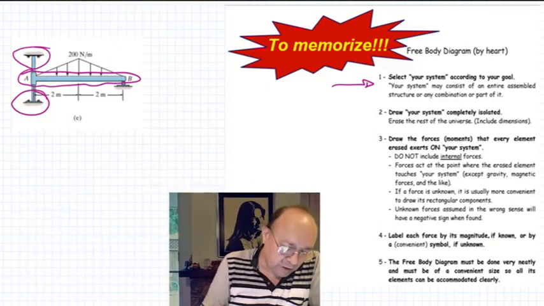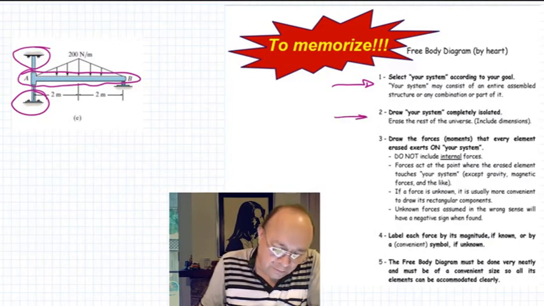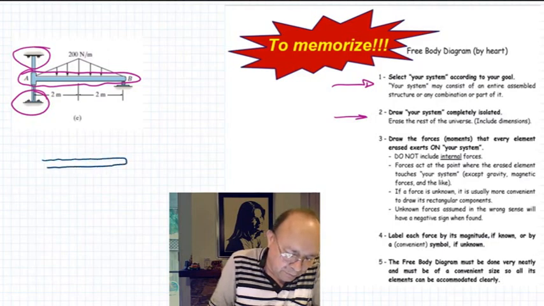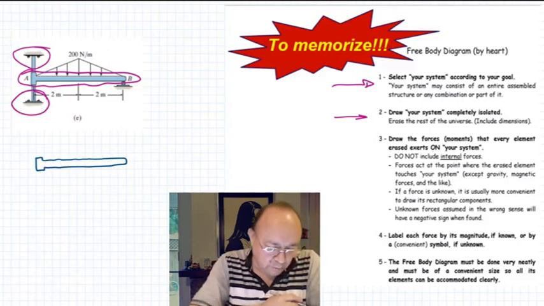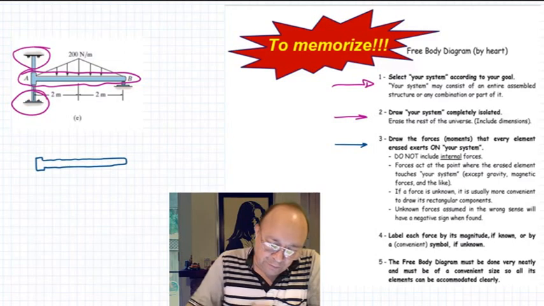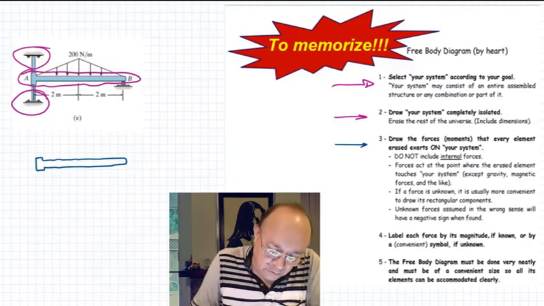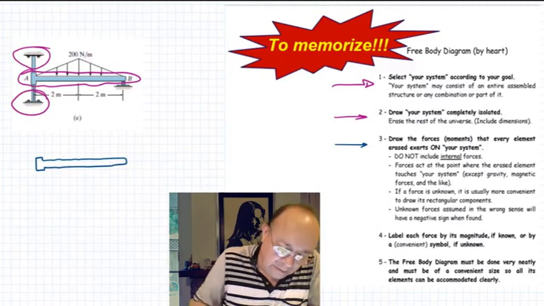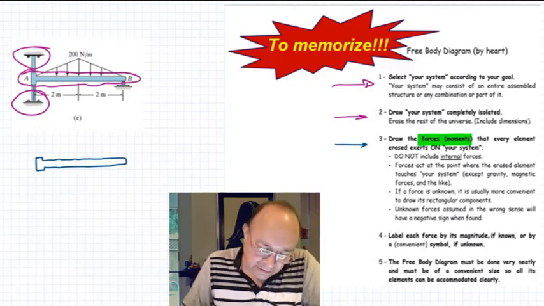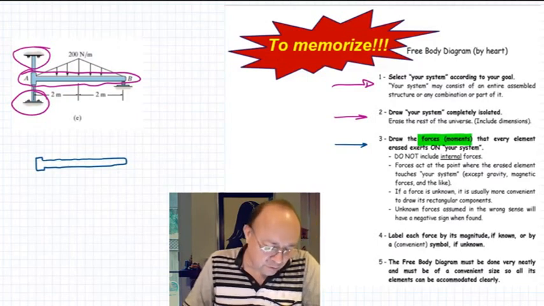Once you select your system, step 2, draw your system completely isolated. So you draw your beam, completely isolated. Third step, draw the forces and moments that every element exerts on your system.